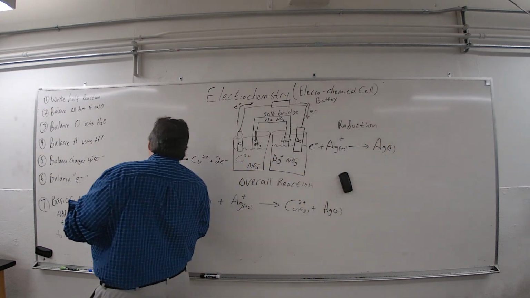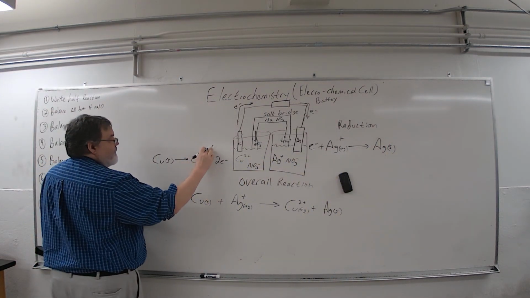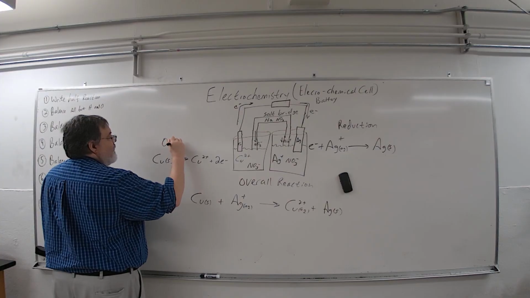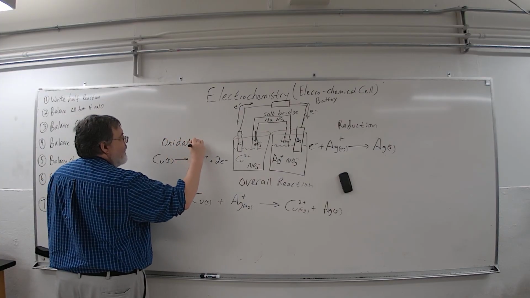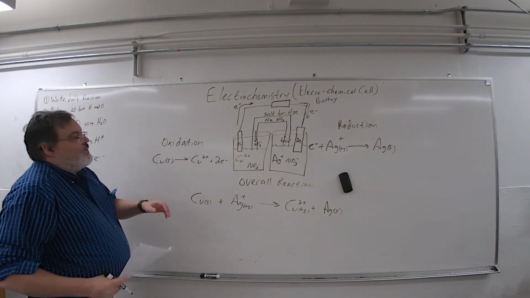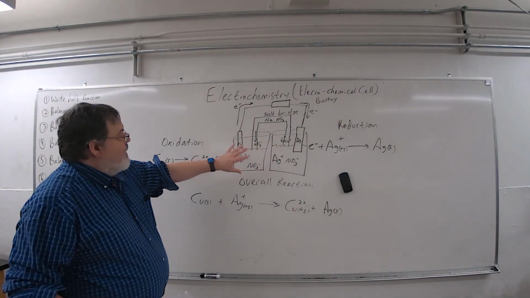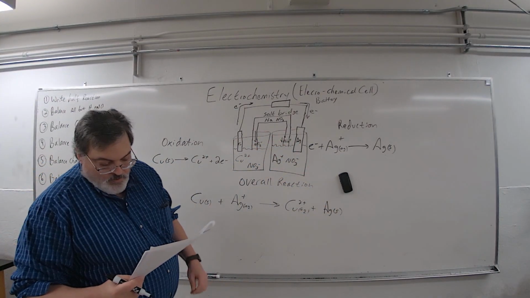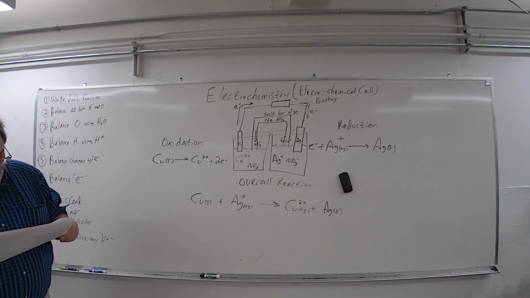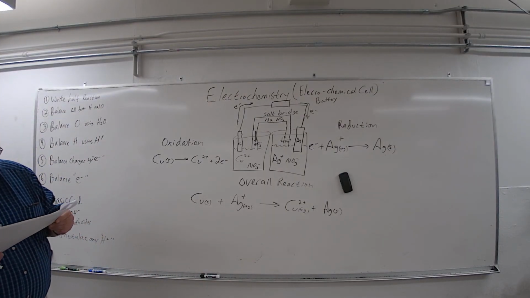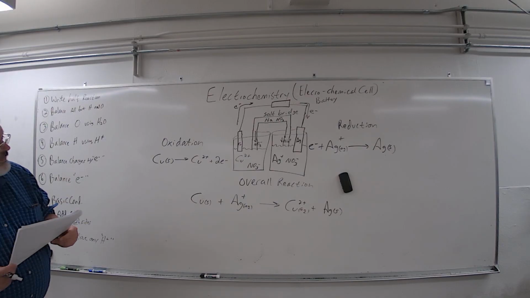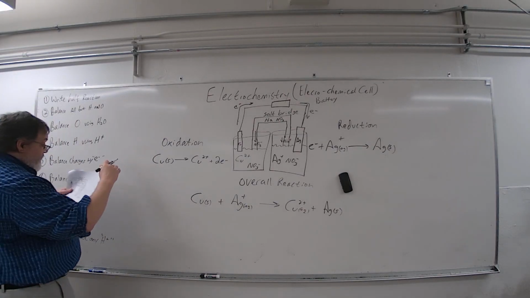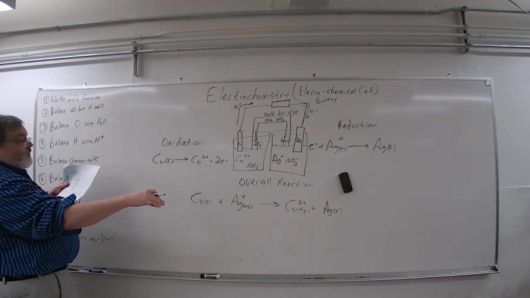And this one, the charge is going from 0 up to 2 plus. And by convention, when you sketch one of these, you always do the oxidation on the left and the reduction on the right. So all of that just to say, one more thing. Oxidation on the left, reduction on the right.